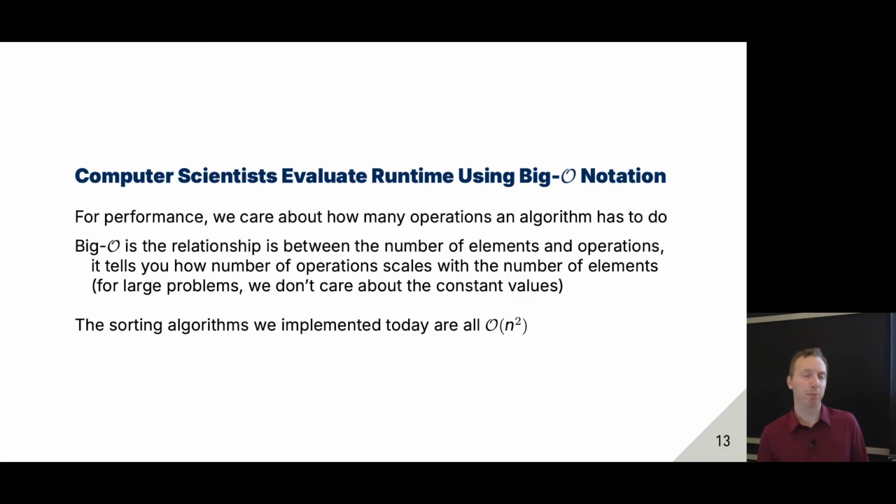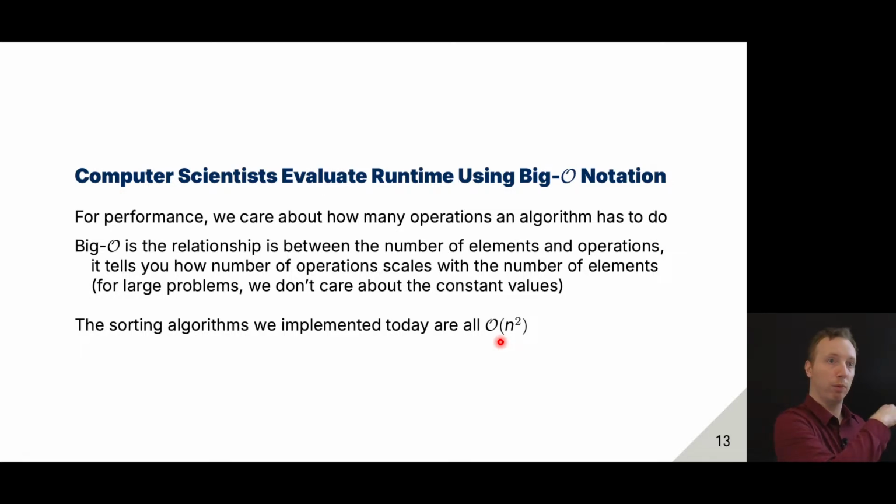For large problems, they don't really care about constant values because, as you'll see, the scaling factor will just dominate everything. The sorting algorithms we implemented today are all something called big O of n squared. It's n times n because we had essentially two loops, right?